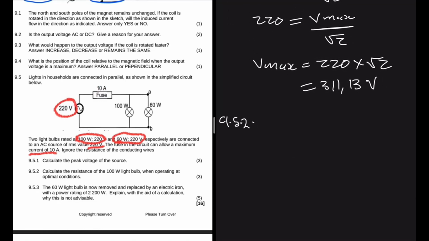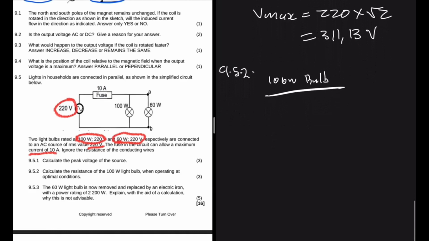And then for 9.5.2, it says calculate the resistance of the 100 watt light bulb when operating at optimal conditions. So let's go to the 100 watt bulb and look at the information we have so that we can answer our question. It's rated 100 watts, so we already know that the average power will be equal to 100 watts.